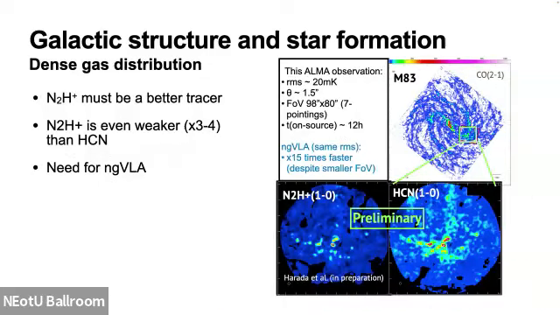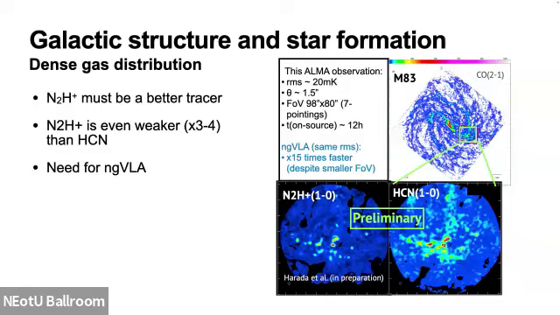So to test that, we wanted to observe not just the central region, but the off-centered region of M83 with ALMA. This is just a preliminary map of N2H+ and HCN. Just to do this, we needed an on-source time of 12 hours, and it's impossible to do that for the entire galaxy, obviously.